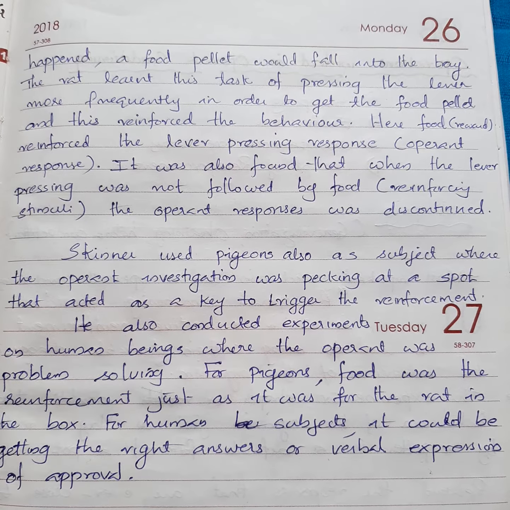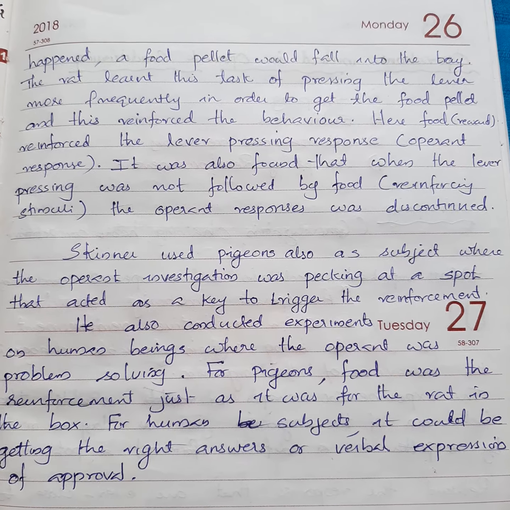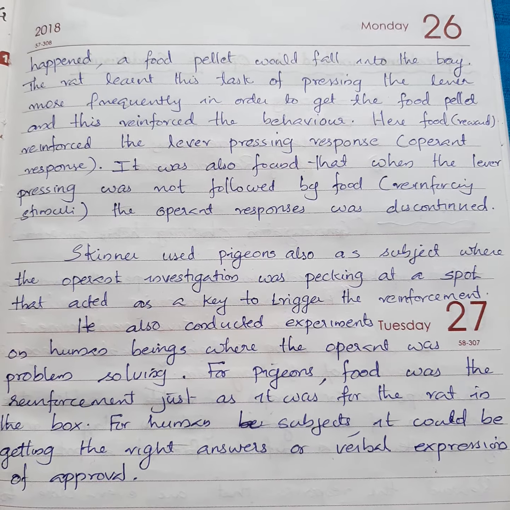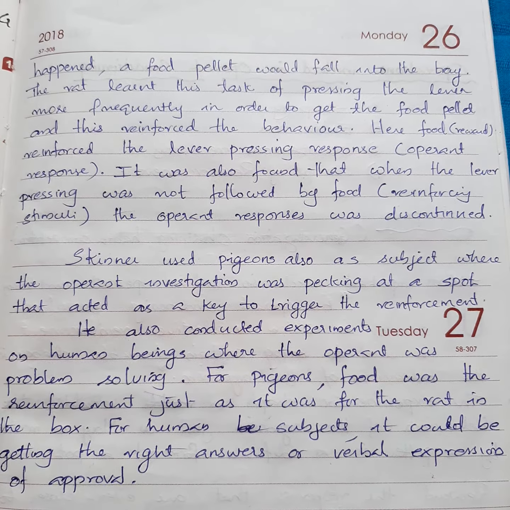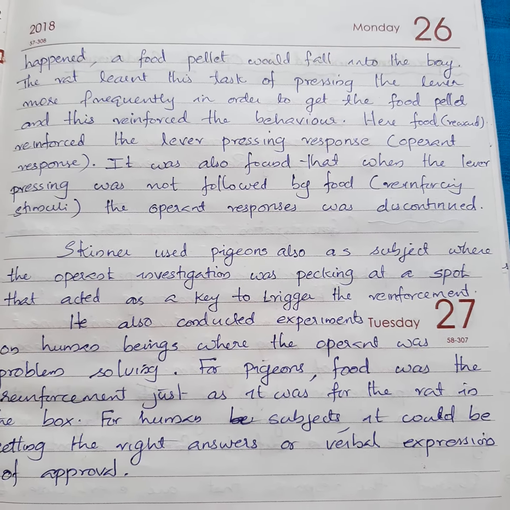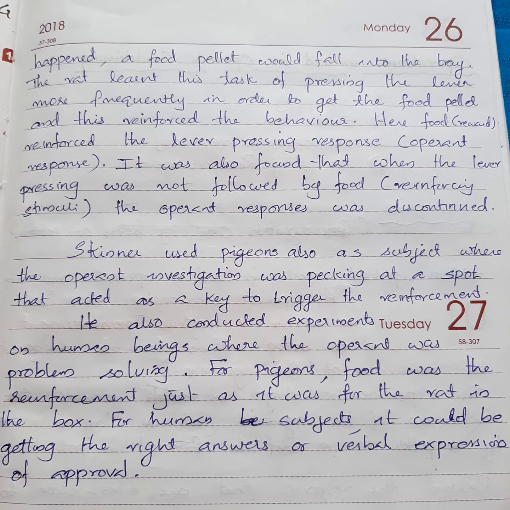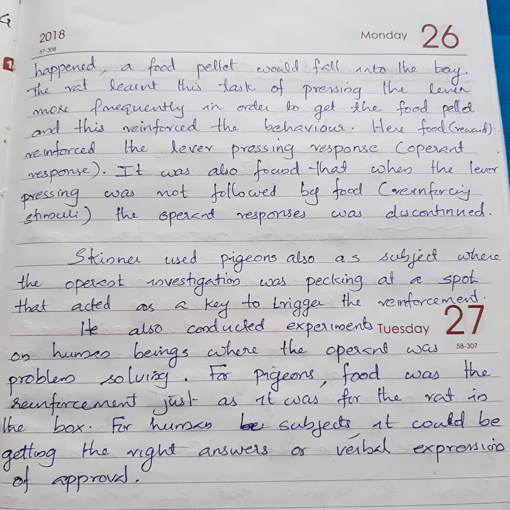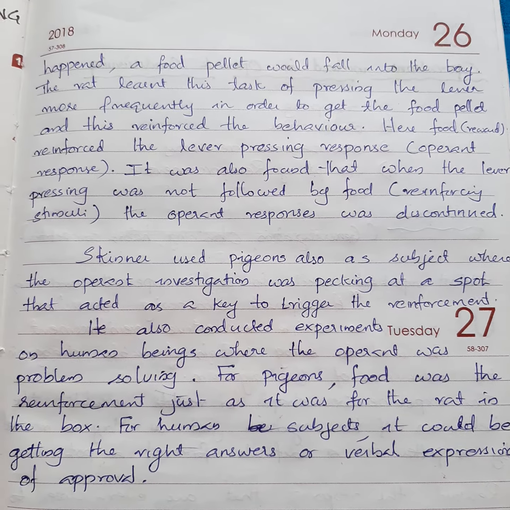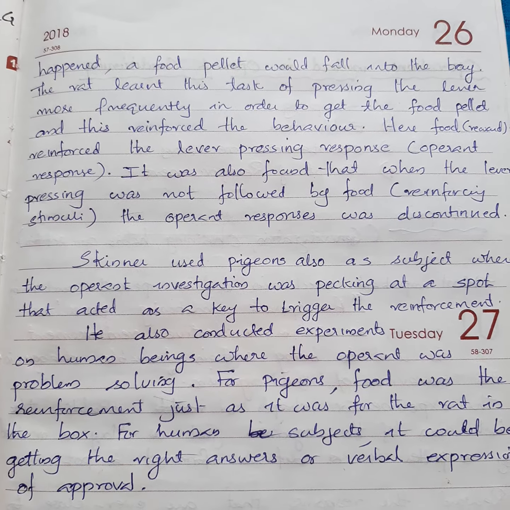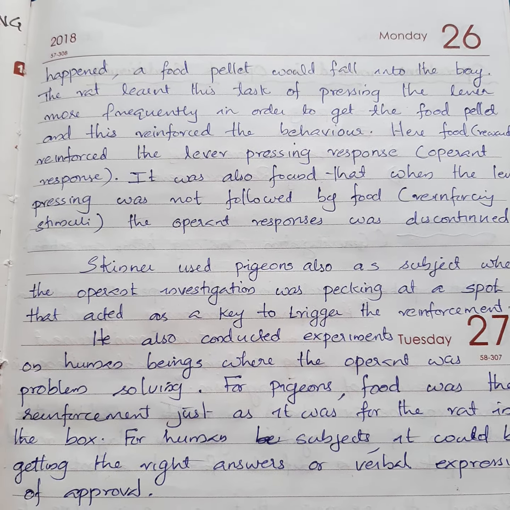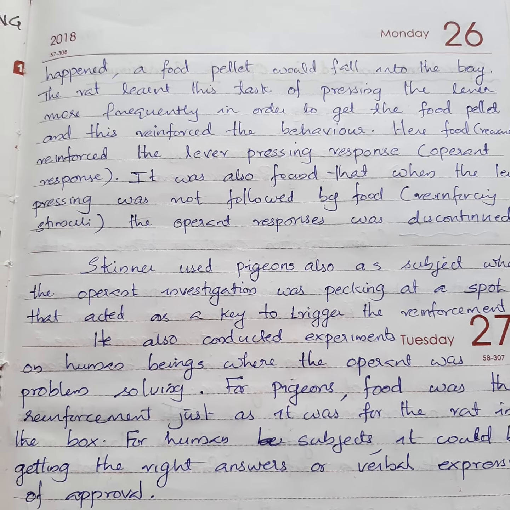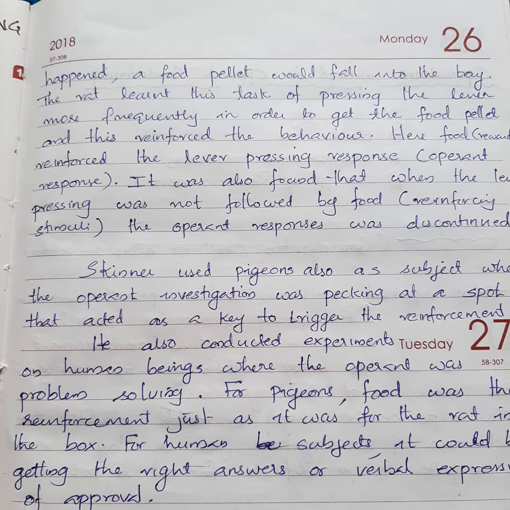Here Skinner used pigeons also as subjects, where the operant behavior was pecking at a spot that acted as a key to trigger the reinforcement. That means he kept a hungry pigeon in a box, and the pigeon had to raise its head to a particular height and peck at a particular spot in order to get its food, which got automatically released on pecking.